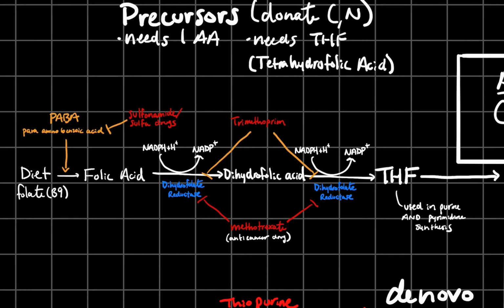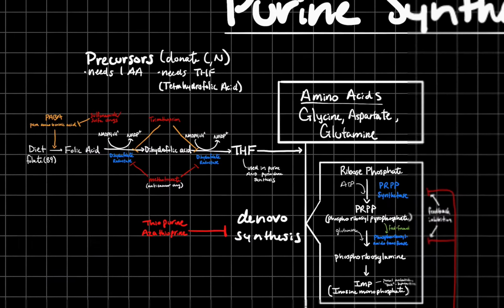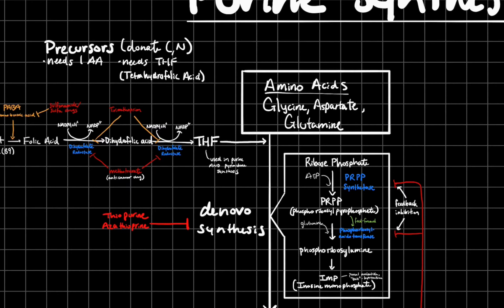So that's just another type of antibacterial that's going to prevent your bacteria from replicating. And another area of regulation is going to be trimethoprim. And this is going to affect only the bacterial version, the bacterial isomer of dihydrofolate reductase. Okay, so those are just some of the pathways that are going to be involved in your precursor synthesis.